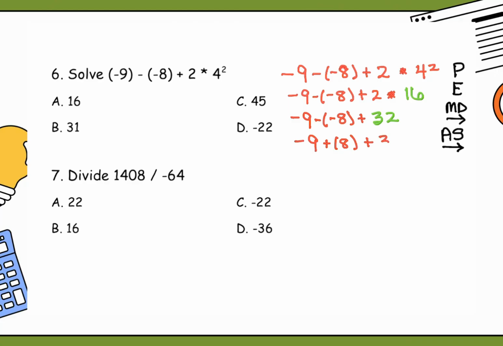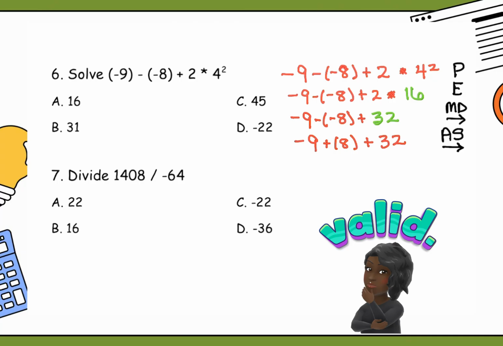And then I'm going to add my 32 to that. So looking at my integers, I have a greater amount of negatives than I do positives, so my answer will be a -1 plus 32. This time I have more positives, so my answer is going to be a positive 31. The answer is letter B.